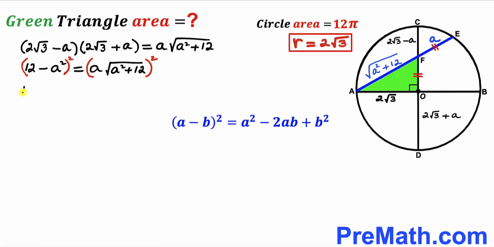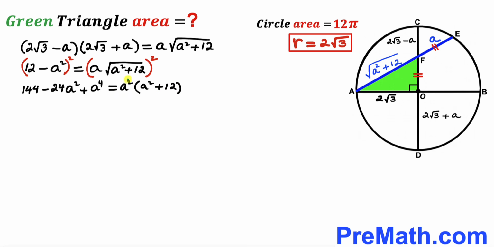So therefore, we could write 144 minus 24 times a square plus a power 4 is going to be equal to a square times a square plus 12. And now we are going to distribute a square.